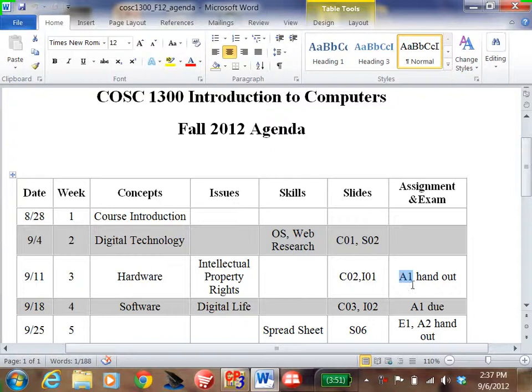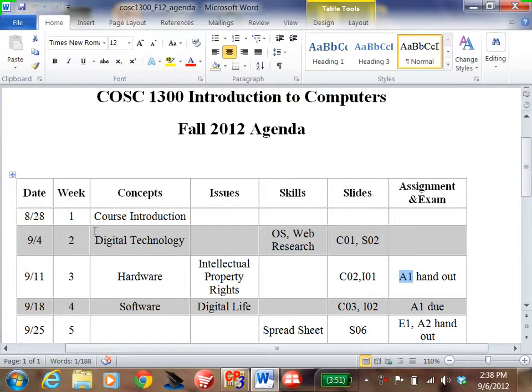Okay, but this first assignment is going to have to do somehow with using the word processor, Microsoft Word or Mac Word or Google Docs Word, and it's going to involve doing some research on the web as well. So that's where I am.